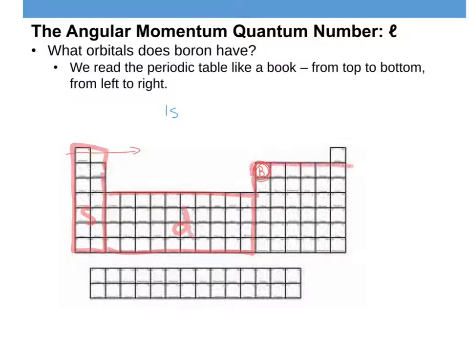I went through the 1s, because I know this is number 1, number 2, number 3, 4, 5, etc. So I went through 1s, that's this row. But if I keep going, I've run out of elements, so I go down to the next row. This is the second, so now I go through the 2s.